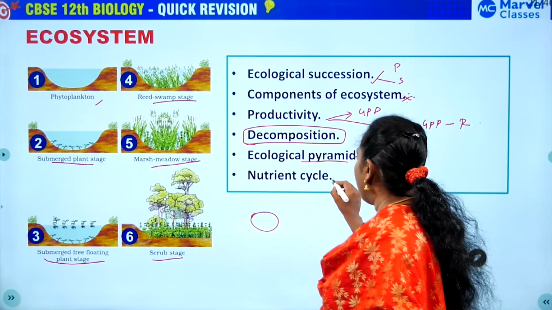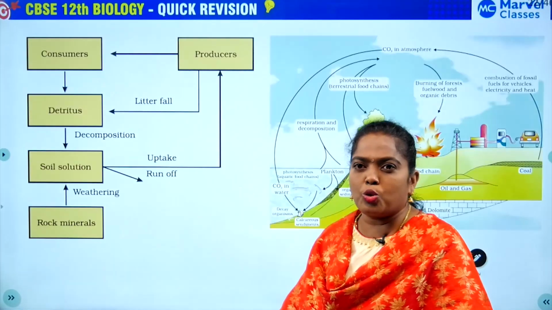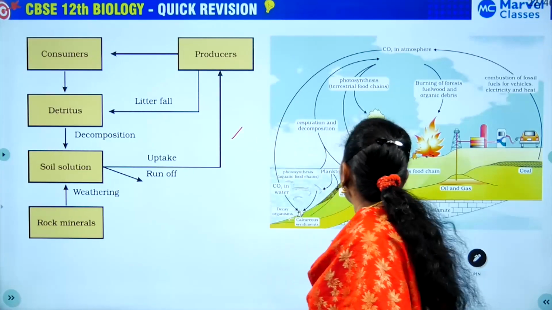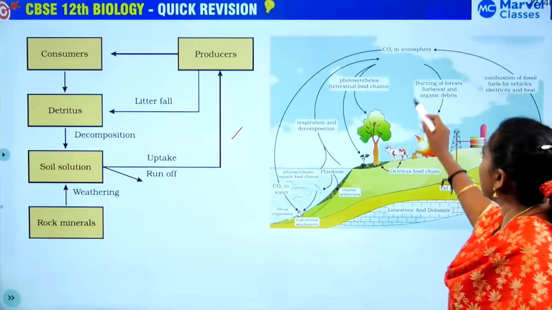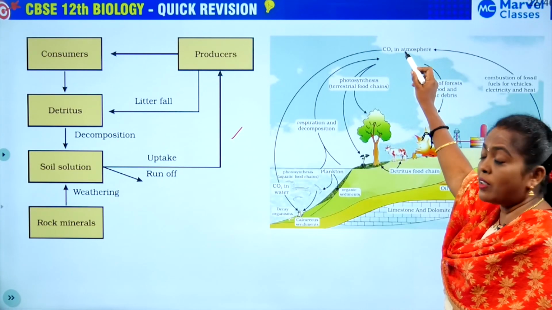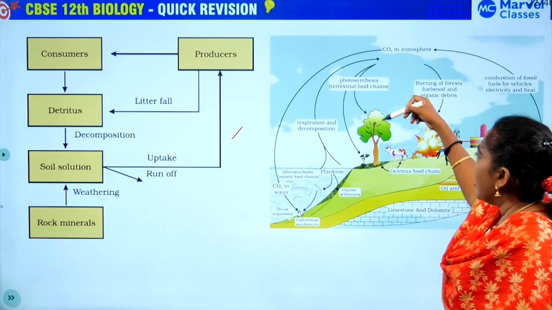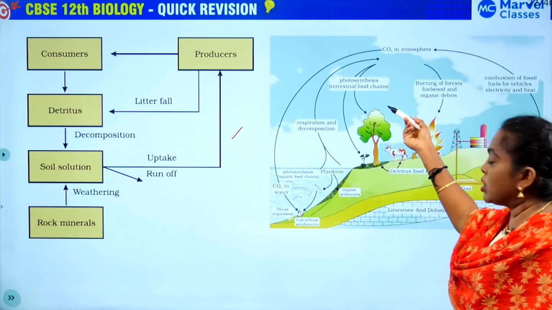Then you have to learn about the nutrient cycles. There are 2 nutrient cycles. So the first one is the phosphorus cycle and the carbon cycle. So here you can see CO2 is in the atmosphere, that will be fixed by the plant with the help of photosynthesis, and then the plant is releasing oxygen by photosynthesis.